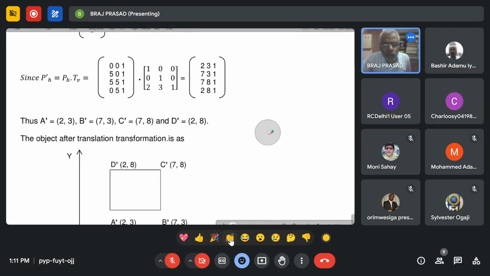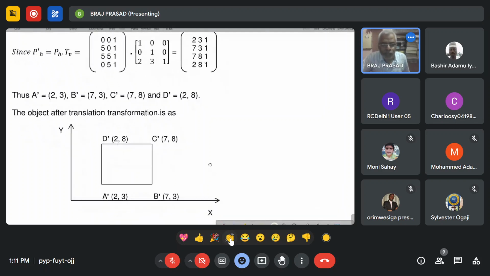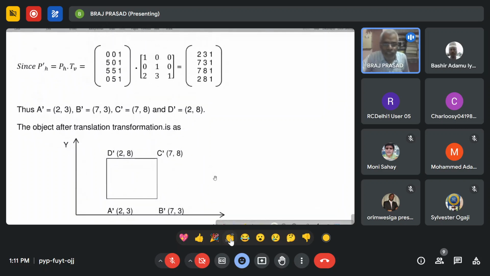If you see two or three more examples, it will be clear to you. So give me some time. I think it will be clear to everyone. So after calculation, you see this is the coordinate of A dash. The coordinate of A is 0 0 initially.